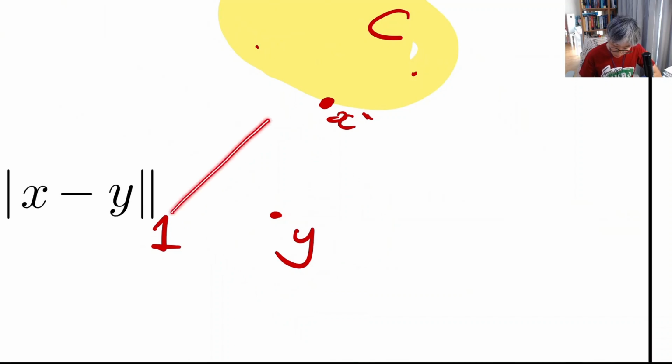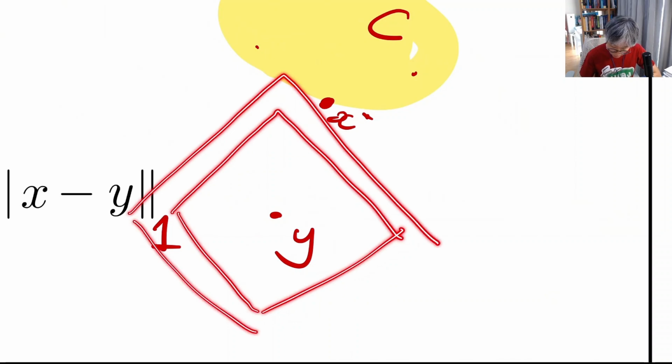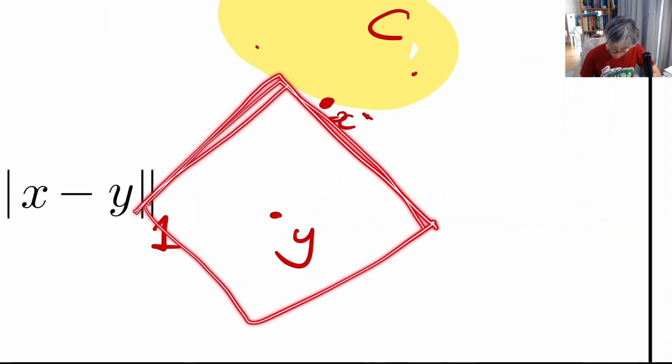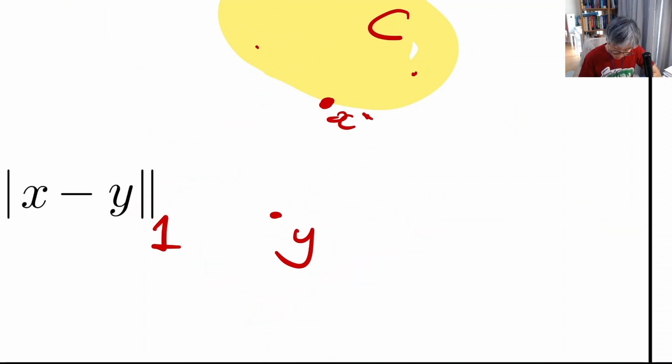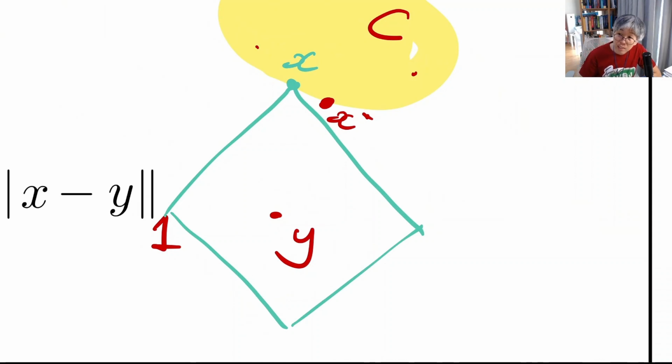If I increase the size of this diamond until it's big enough, but not too big, that the diamond shape touches my set C, at that point I have found my x that has the minimum distance to my point y by using the one norm.